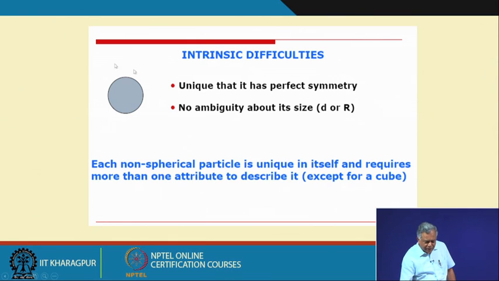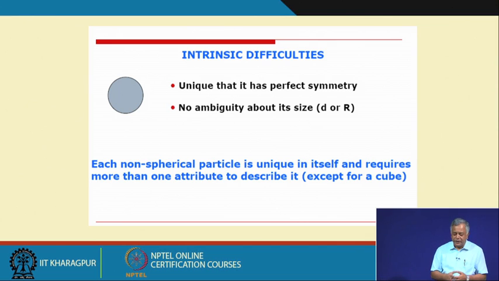Look at a spherical particle, all spherical. What is the uniqueness of this shape? It has perfect symmetry. There is no ambiguity about its size. Size, you can define as the diameter, or maybe in terms of radius also.